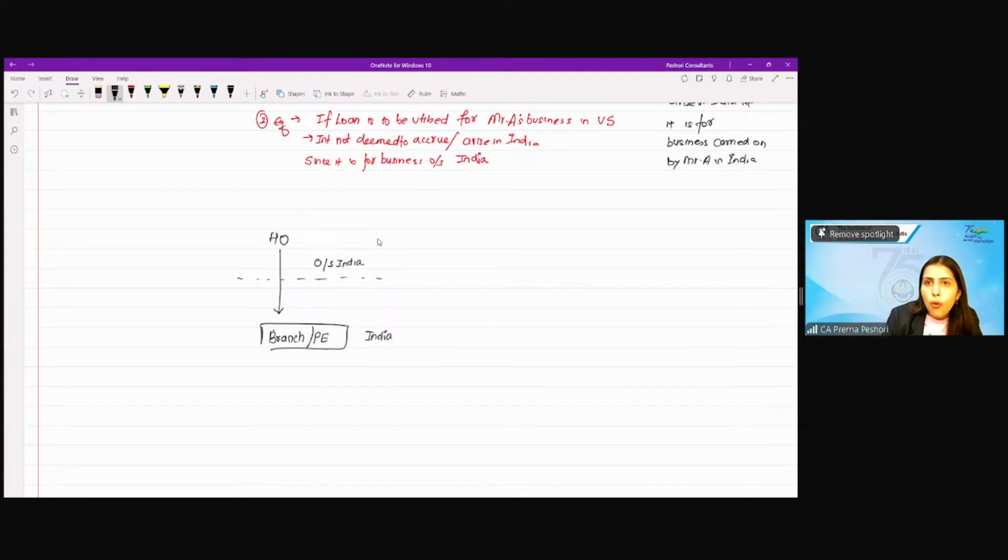Now this is a very common practice that these HOs give some amount of loans to the branch for the working capital requirement, and this branch will then be paying the interest on the loan. Now you have done branch accounts as a part of your CPT, IPCC syllabus in accounts, right? I hope you recollect a branch is not a different entity. It is very well part of the same enterprise.